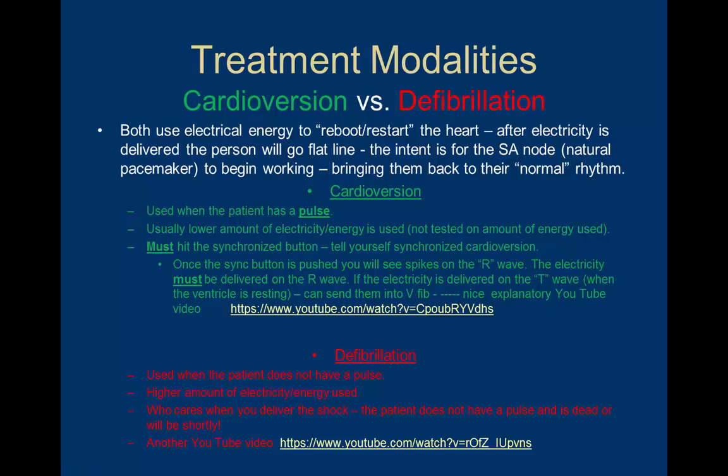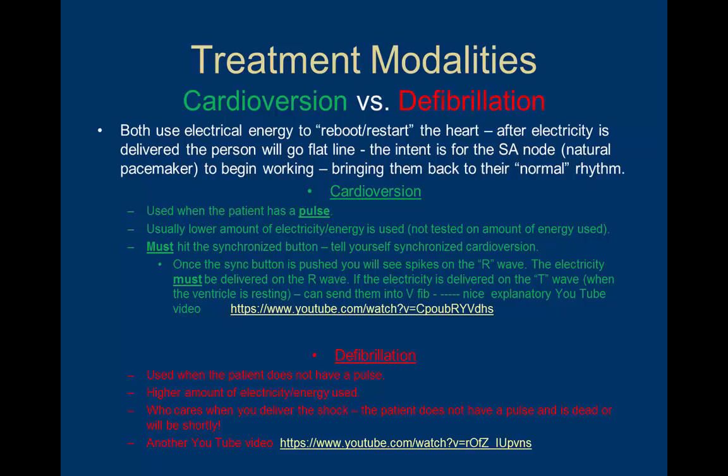There are two different ways that electricity can be used, known as synchronized cardioversion or defibrillation. Both of these methods use electrical energy to reboot or restart the heart. In other words, whenever your computer is acting up and not functioning well, a lot of times you have to turn it off, and the hope when you restart it is that the computer will then work properly.